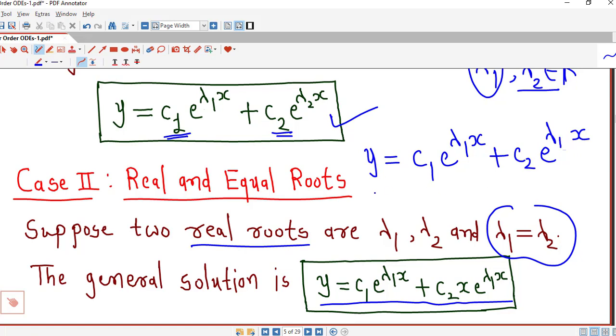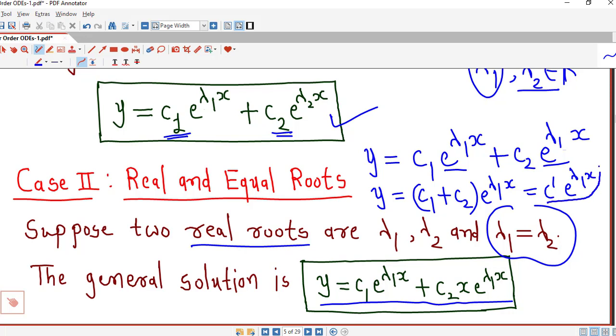Now if you write as in case 1, then here you can take e raised to lambda 1x common, and we will have c1 plus c2 times e raised to lambda 1x, and c1 plus c2 is some other constant, say c dash. So we have y equal to c dash e raised to lambda 1x. So this is the general solution if we write in this way.